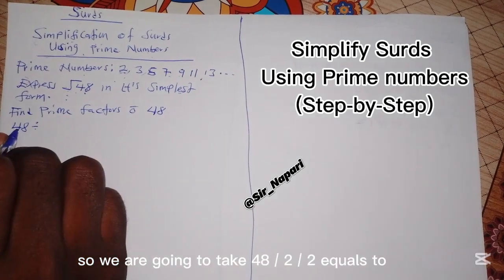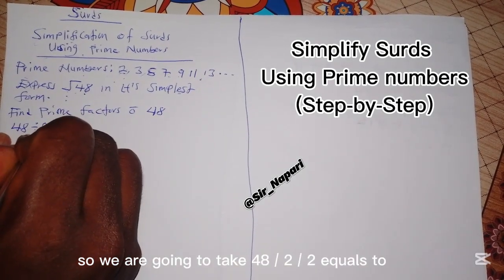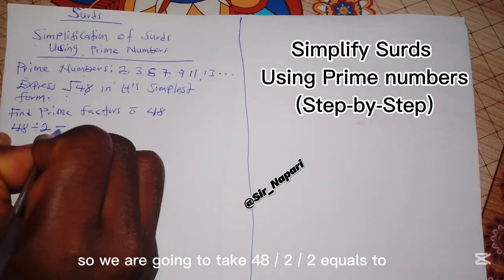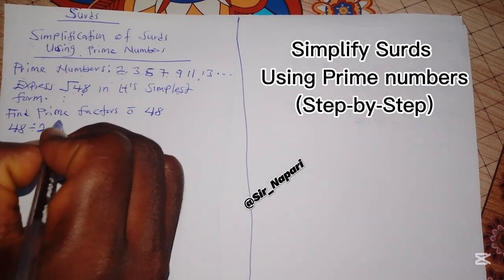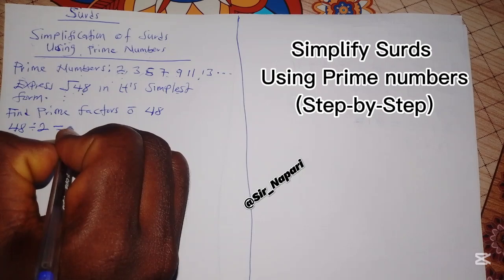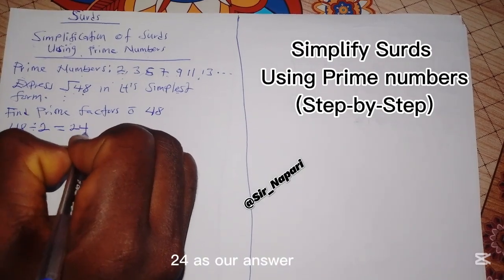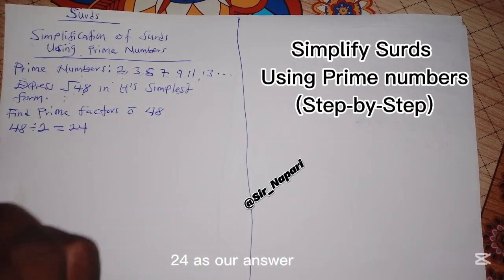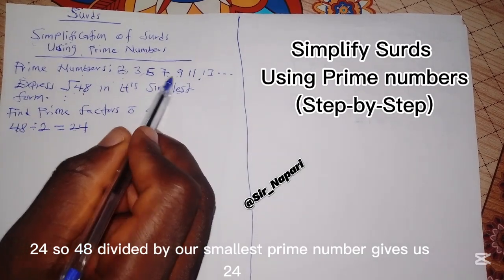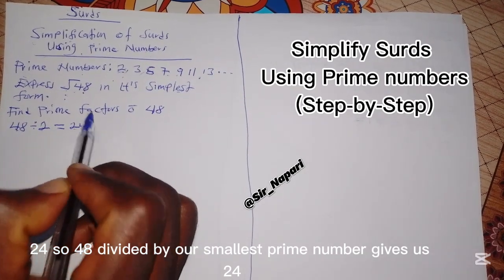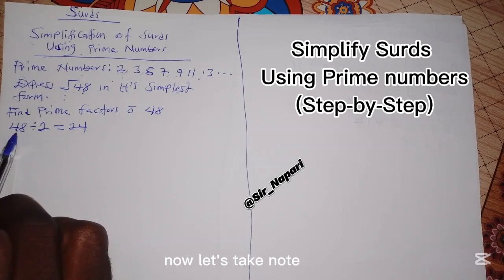So we are going to take 48 divided by 2 equals 24. So 48 divided by our smallest prime number gives us 24. Now let's take note.